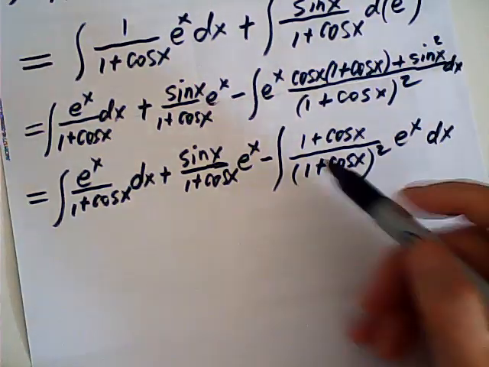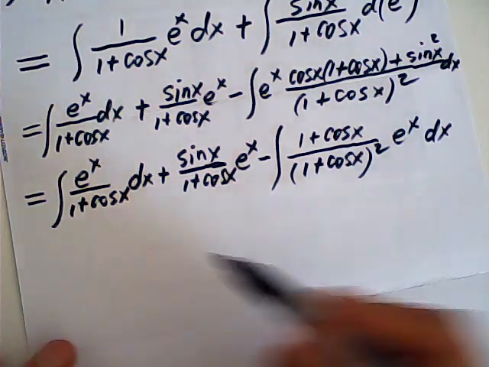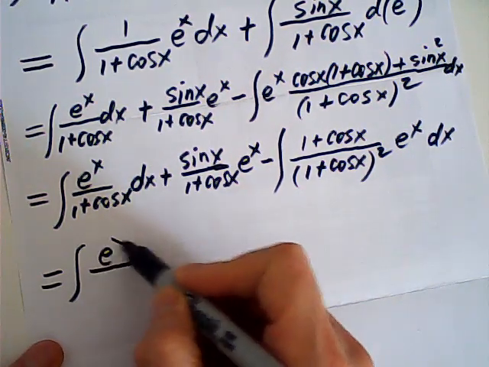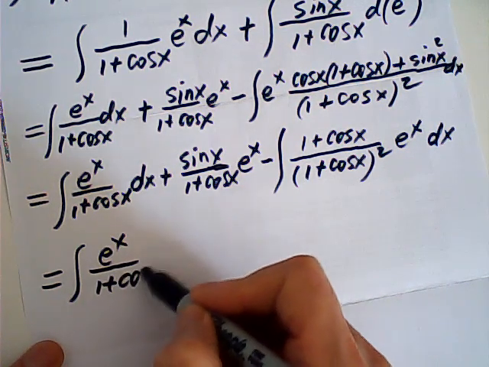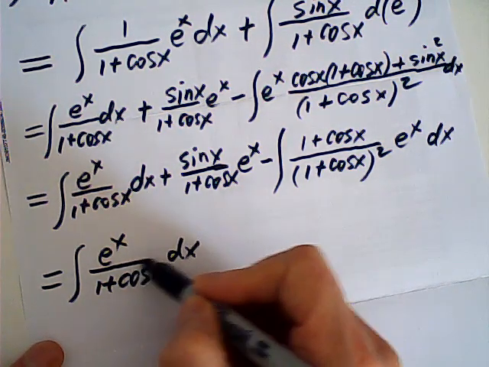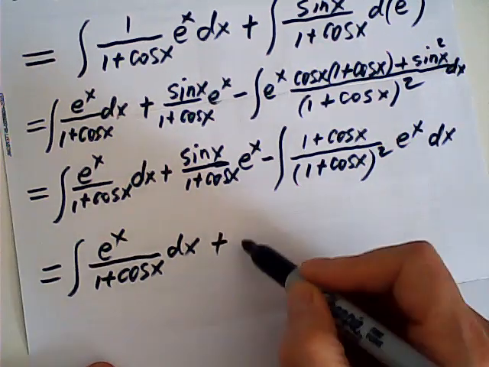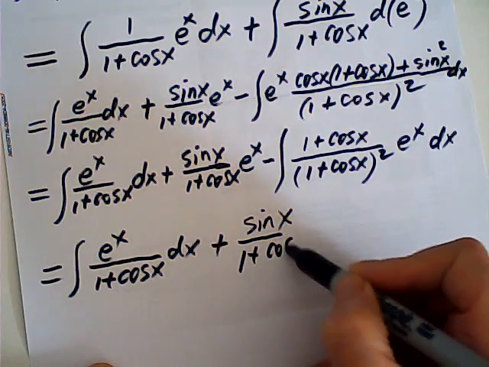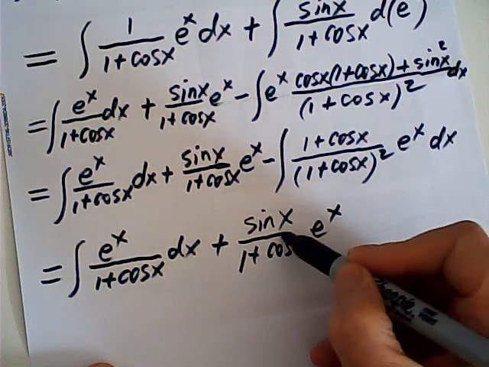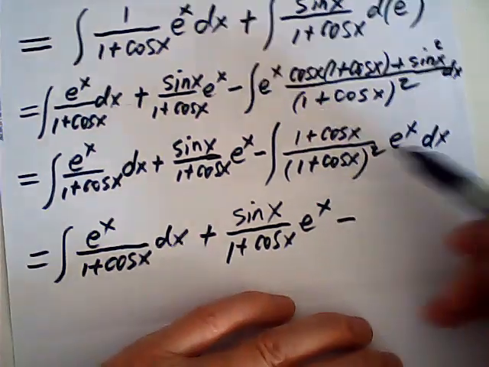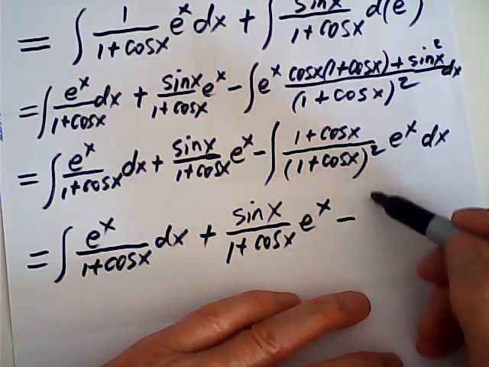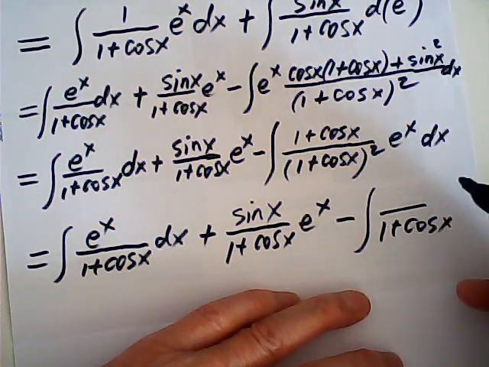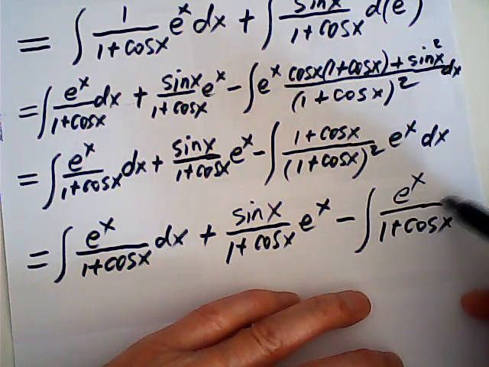So obviously we cancel one of them with the denominator. So this one is equal to e to the power x over 1 plus cosine x dx, plus sine x over 1 plus cosine x, e to the x, minus, cancel one of them, becomes 1 over 1 plus cosine x and e to the x dx.